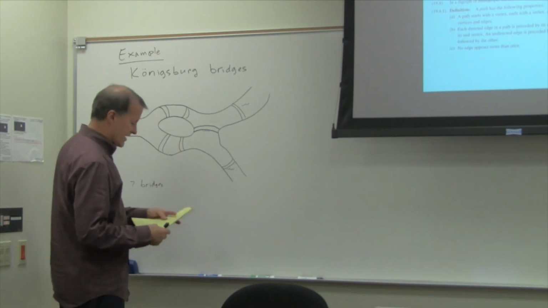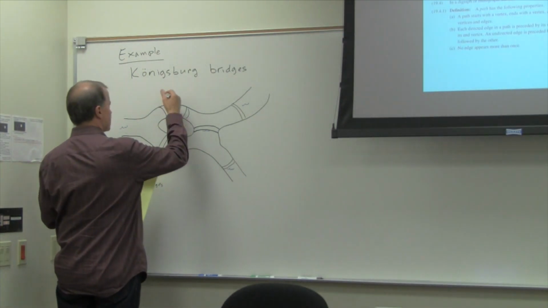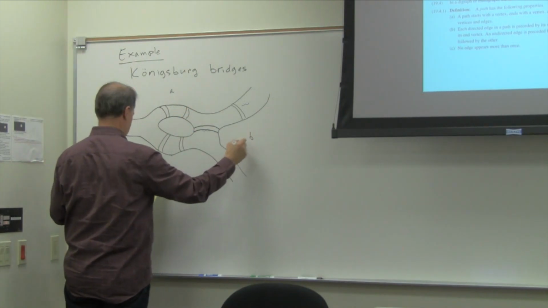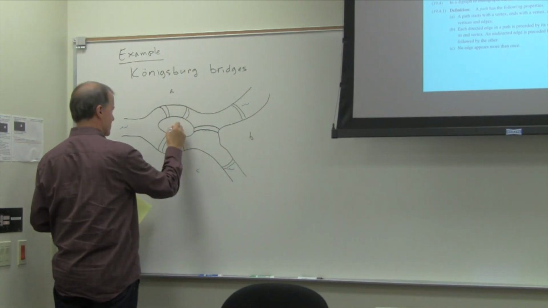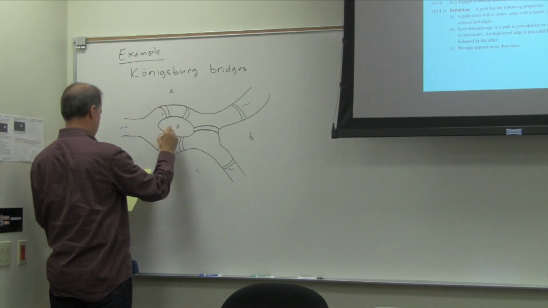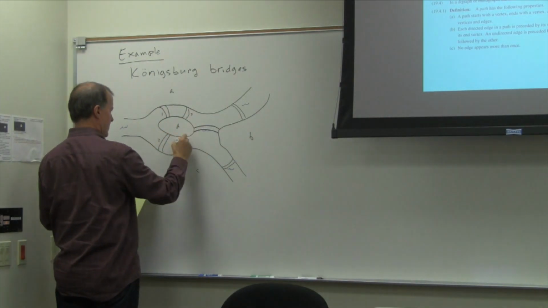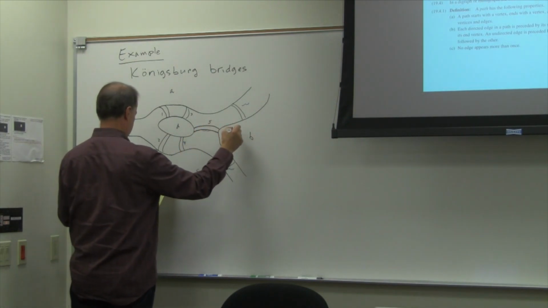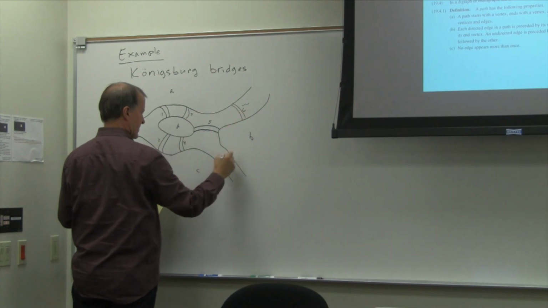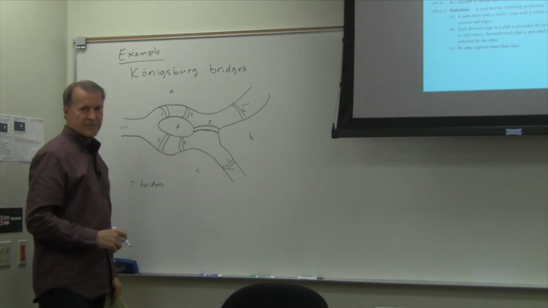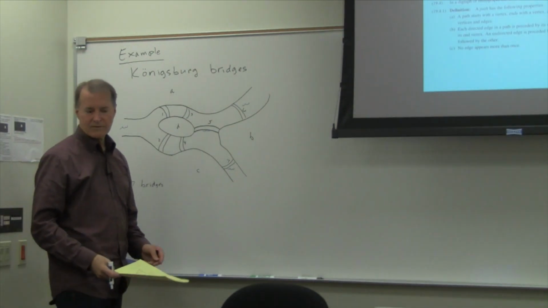So here, if we call this land mass A, and this one B, and this one C, and this one D, and then if we number the bridges 1, 2, 3, 4, 5, 6, and 7, then this would be a multigraph, would it not?